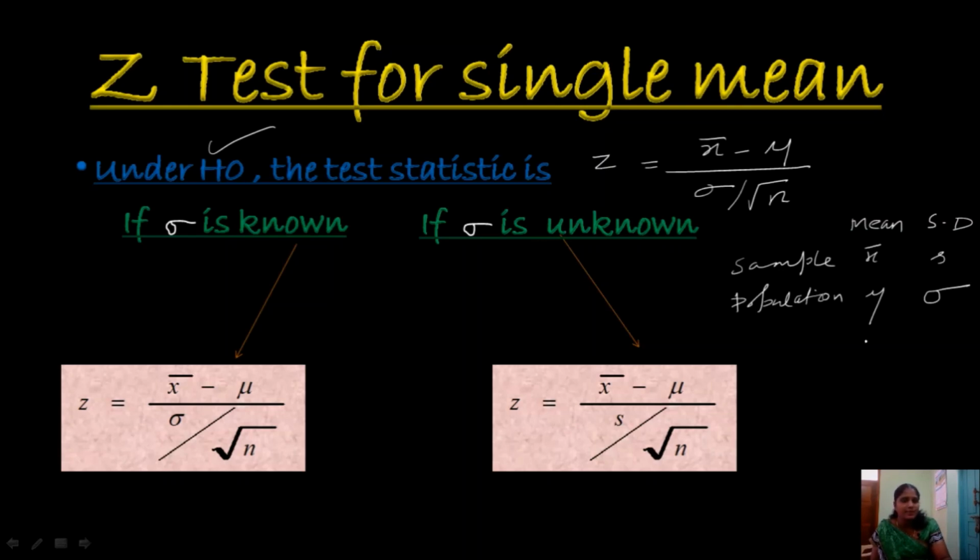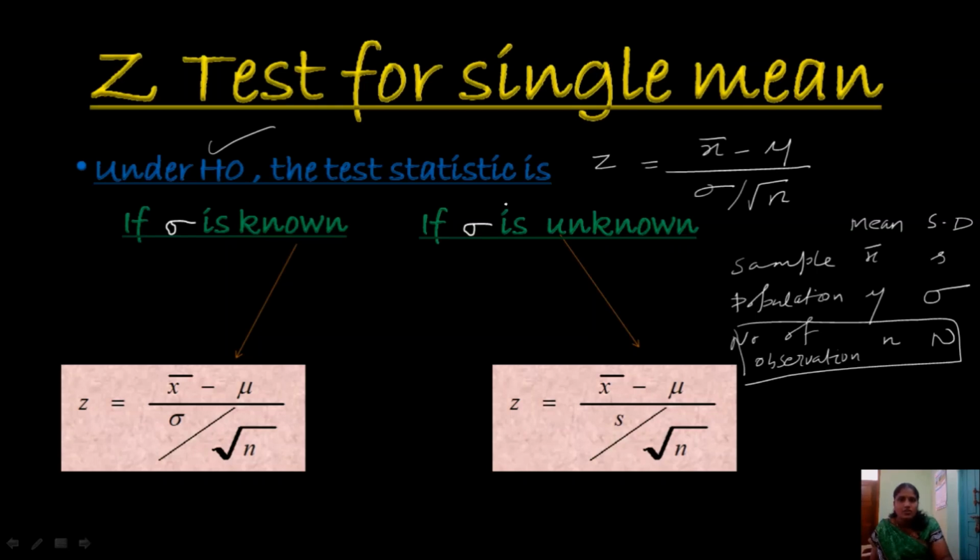For a sample, the number of observations is represented by the small letter n, and for a population we use the capital letter N.